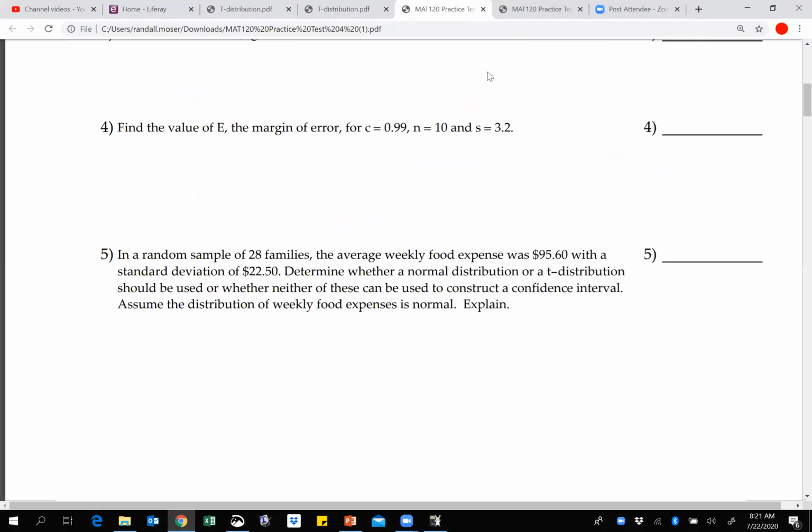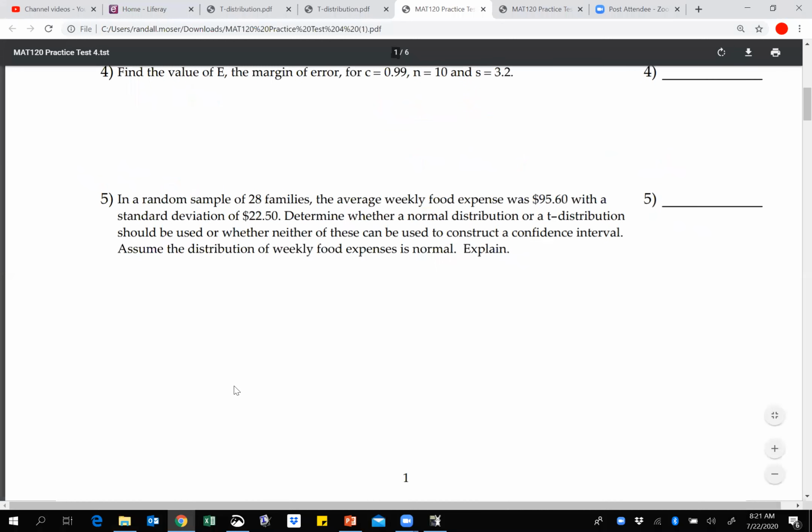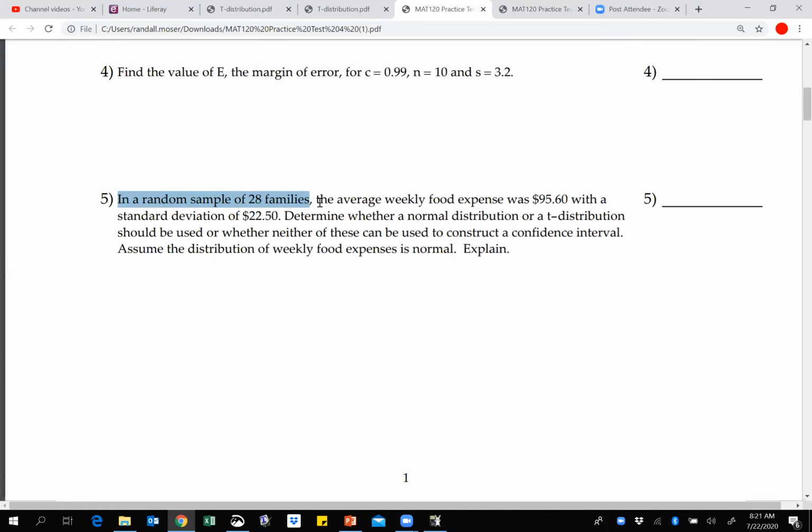So let's come over here and look at these. A lot of these sentences are kind of long, but it's really important to pick them apart. For example, when they start off by saying, in a random sample of 28 families, comma, that means that everything else in the rest of the sentence is related to this sample. So first thing we note is that we have a sample size of 28, so that's less than 30.